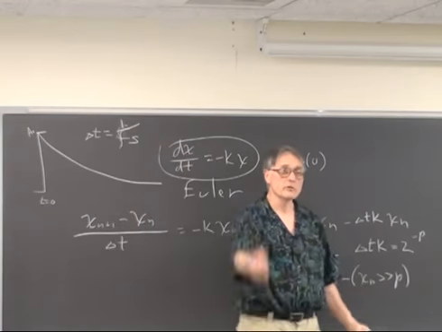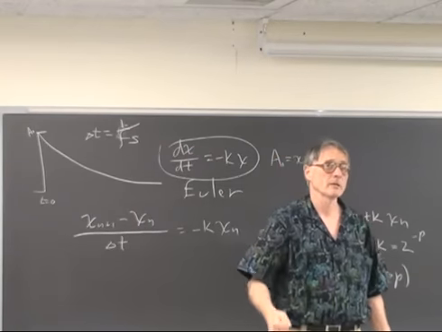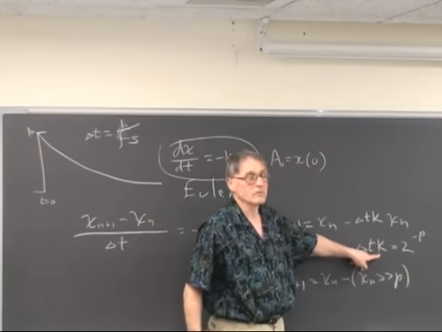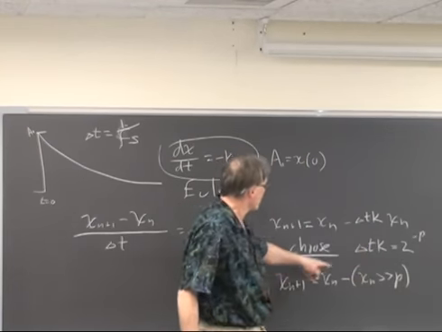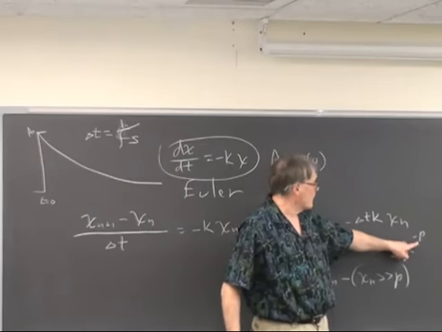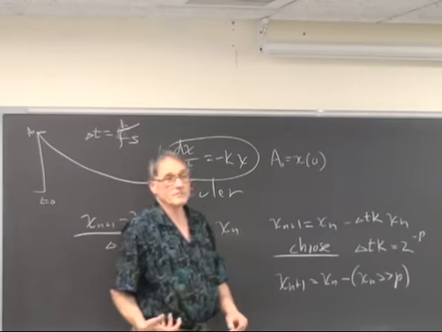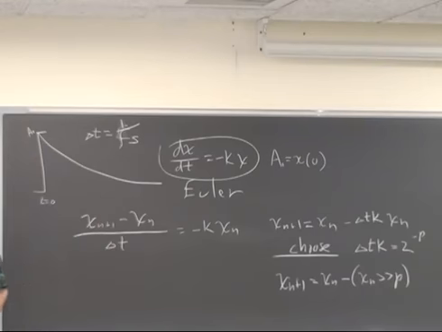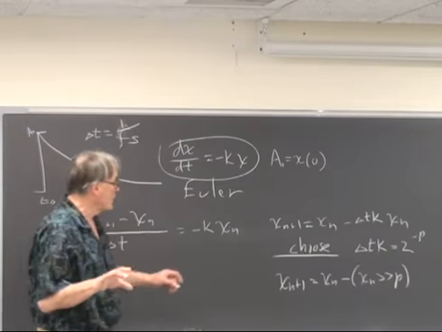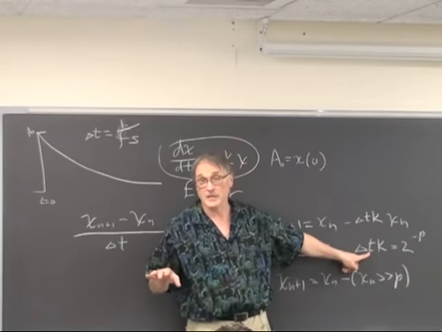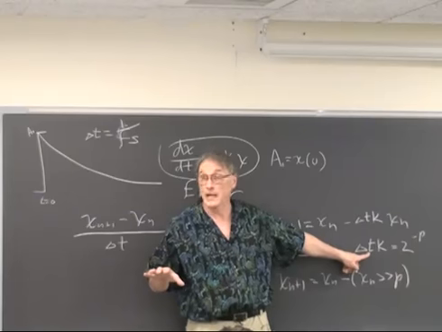p is what you choose to be the time constant. It's related to k, which is what, 1 over the time constant or something. It's related to k, but it is some rate at which the system decays. What this says, however, is that you can only set the time for a constant delta t, and you will be having a constant delta t because your sample frequency will be constant.